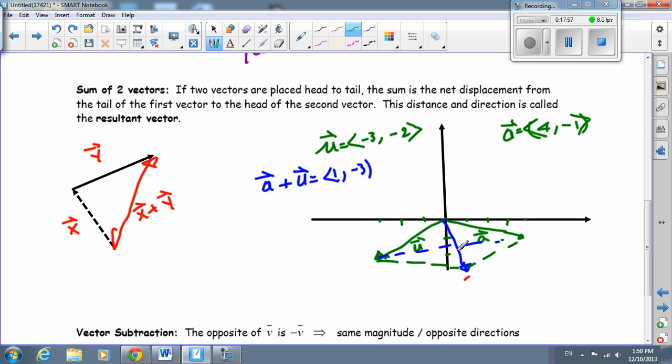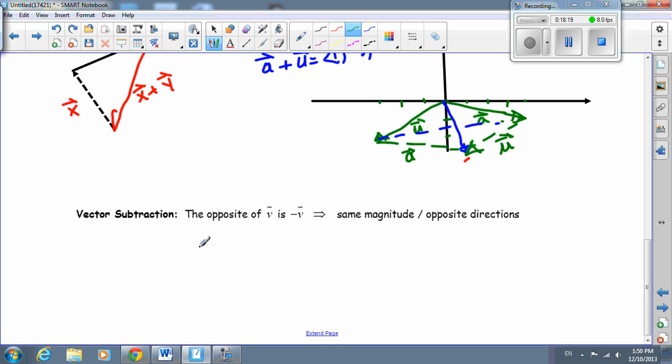So you can add it by looking at it this way. Note that this one is also U, and this is also A. And if you translate just the U, you end up with a vector facing this way, a vector facing this way, and it's easier to connect with the blue line.